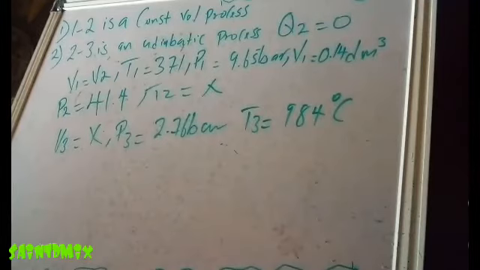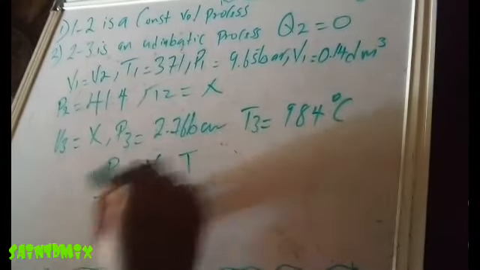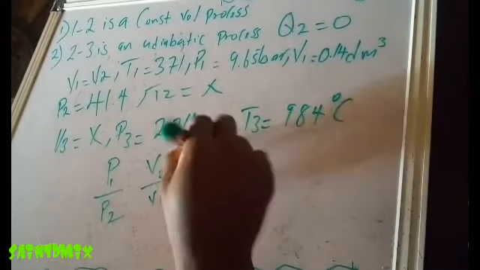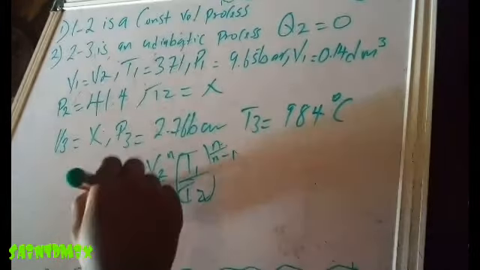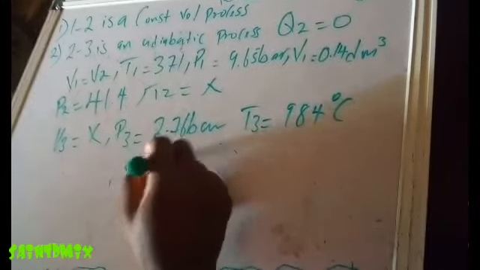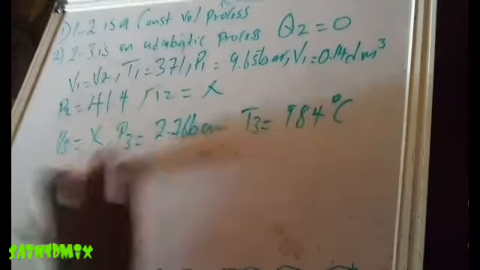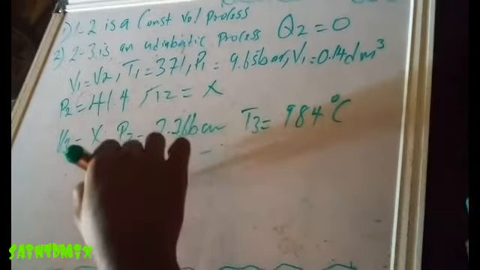Now to get our T2, if you remember, we can use this relation: PV over T is a constant. Making V subject of formula, we can say T1 over P1 equals T2 over P2.